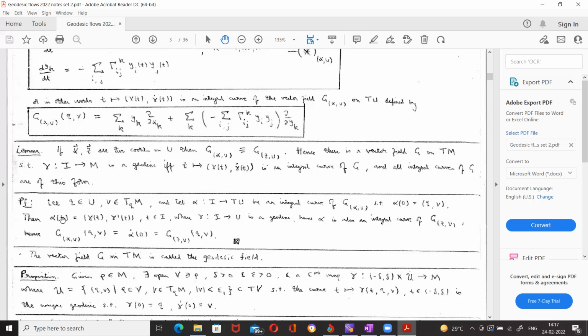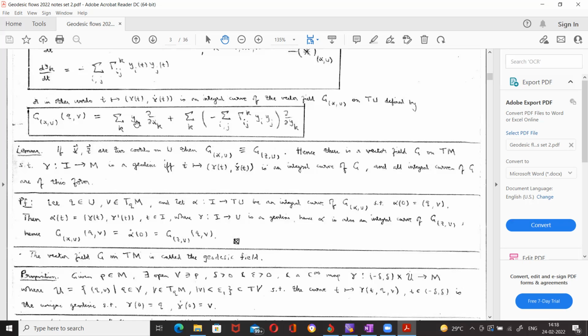So because alpha is an integral curve of the vector field G, if I write it in terms of the coordinates x1 to xn, y1 to yn, that means the coefficient of del del xk in alpha prime, which will be dxk/dt, is equal to yk, for all k.